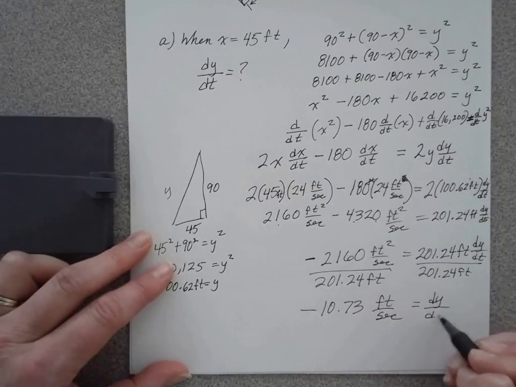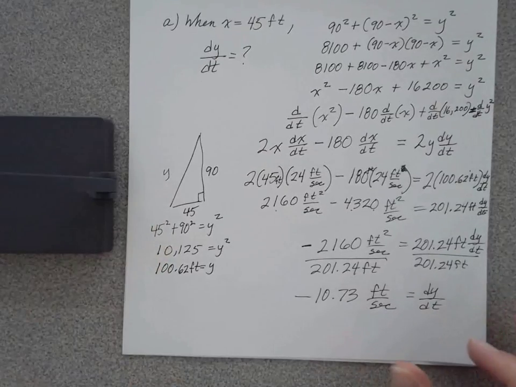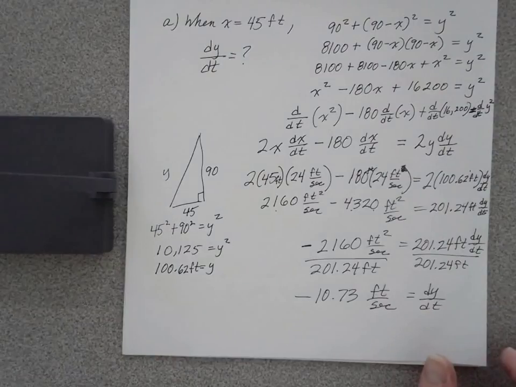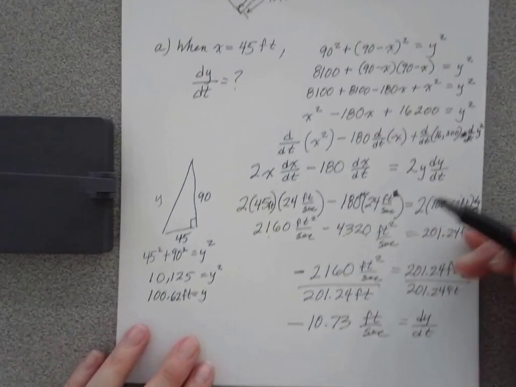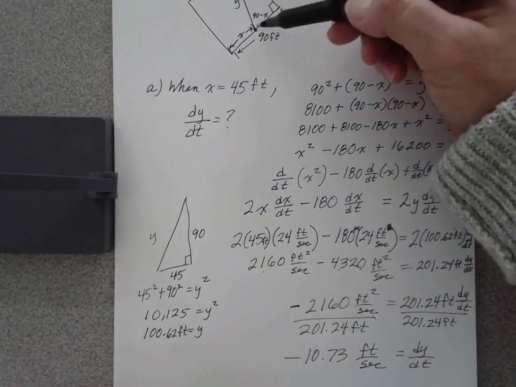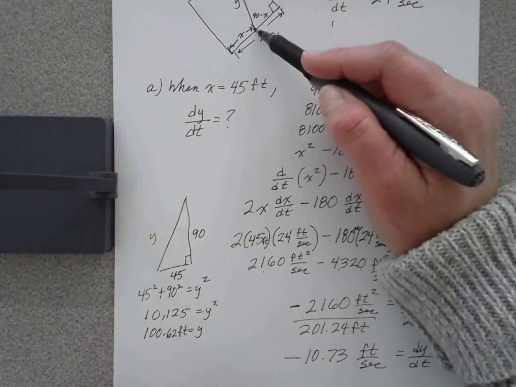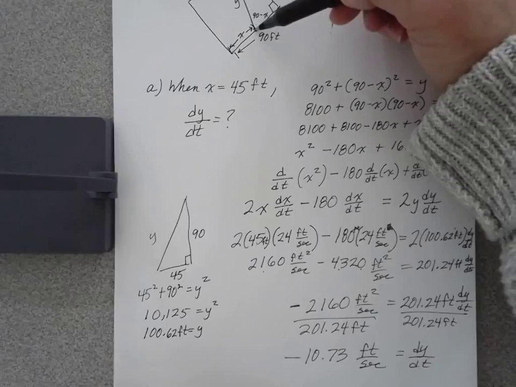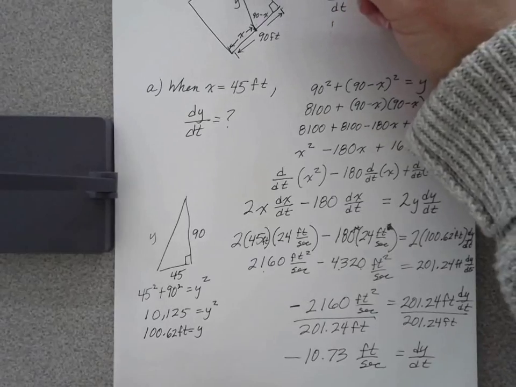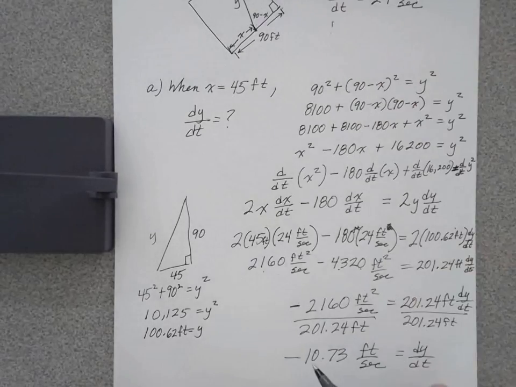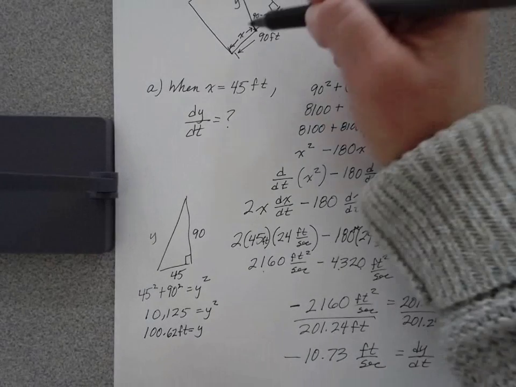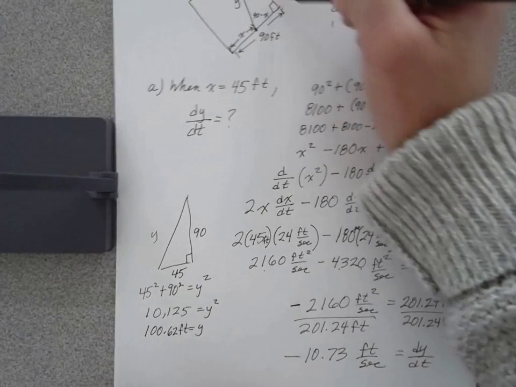Okay, so what does that mean, what we just found? So this distance, when he's 45 feet away from home plate, this distance from here to second base is decreasing by 10.73 feet per second as he's running.